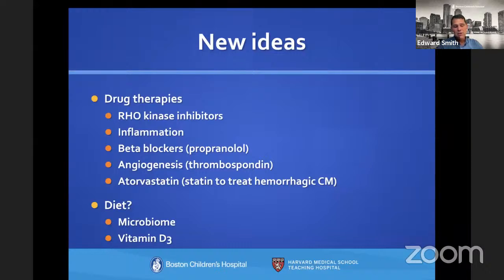The other thing I mentioned earlier is this idea of the diet, and in particular with CCM3, the mutations in some of these binding proteins exist, and one of the kinases is called MEC3, and this has been very, very important, not just in the brain, but also in the gut.